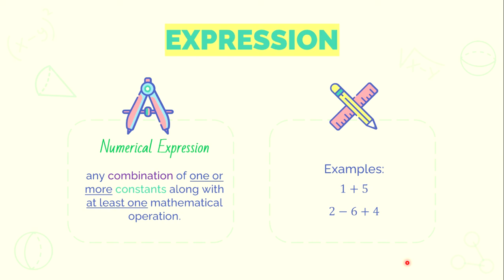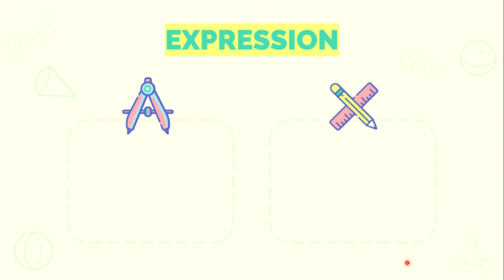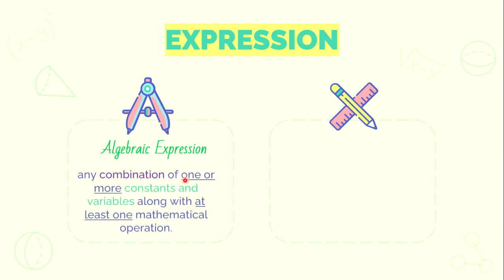Aside from the numerical expression, we also have what we call the algebraic expression. Class, an algebraic expression is any combination of one or more constants and variables along with at least one mathematical operation. So here, it's not only the constants or the numbers, it's also a combination of variables.